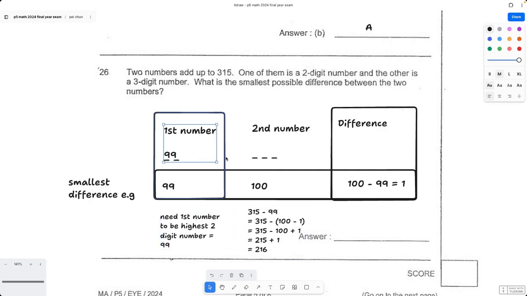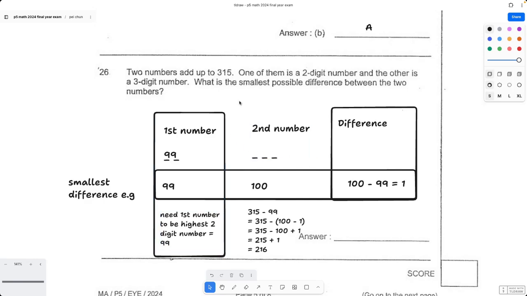So I'm gonna extend this thing so that need first number to be highest two-digit number, so this should be 216 over here. Okay, so I'm just gonna remove this and this. Okay, 216, this also like this.